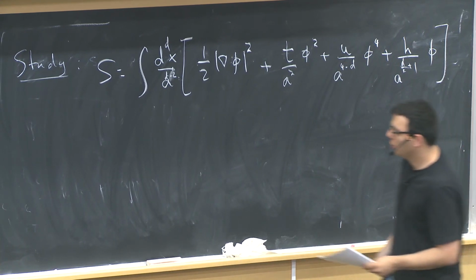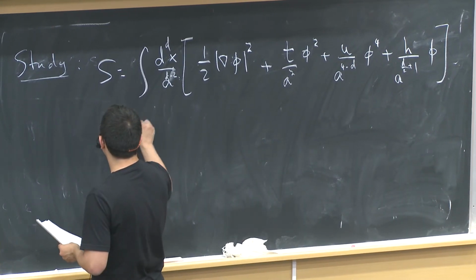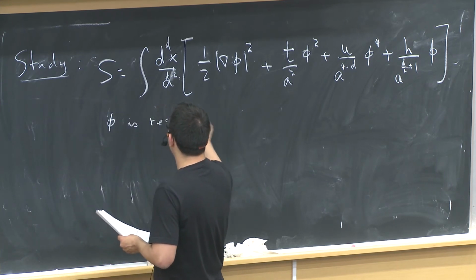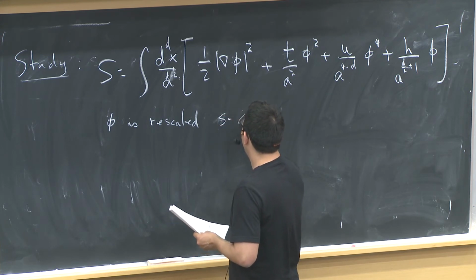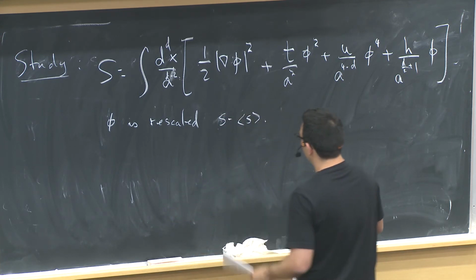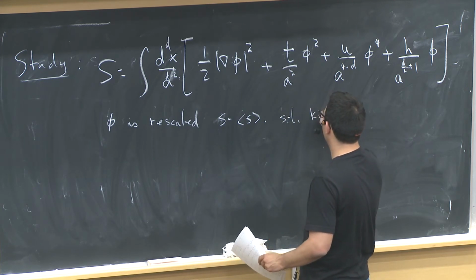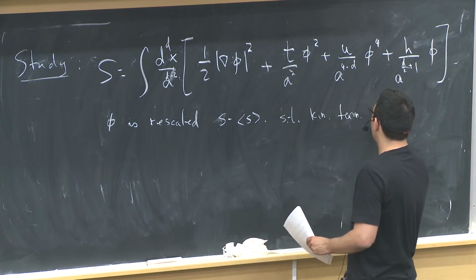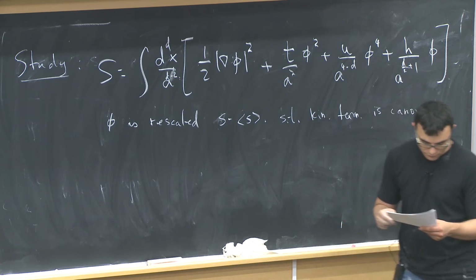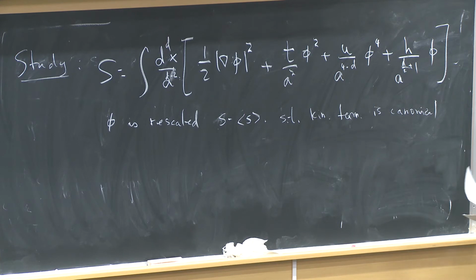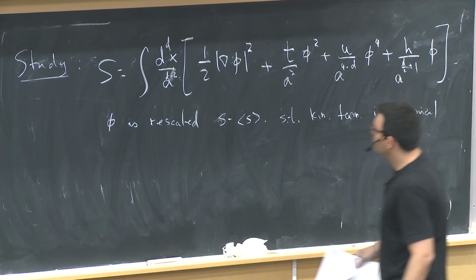So here phi is a rescaled s minus expectation value of s, such that the kinetic term is canonical. This should be the theory of the fluctuation. You might notice that I didn't write a cubic term. That wasn't by mistake.